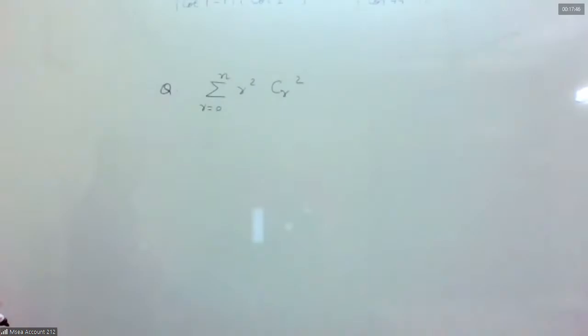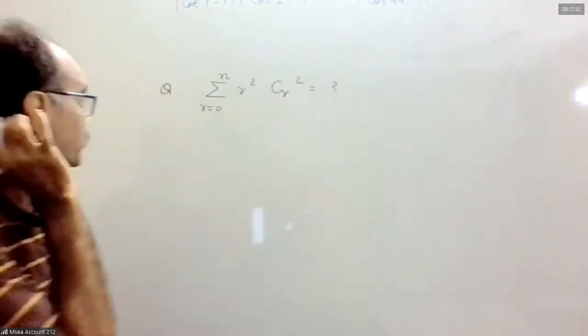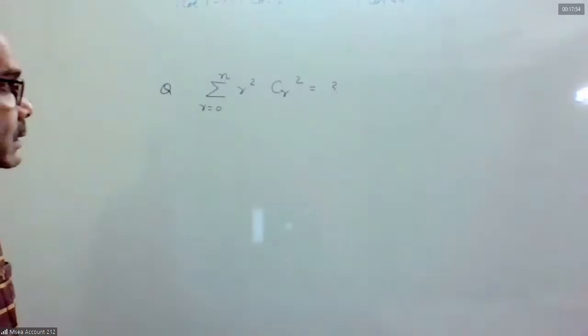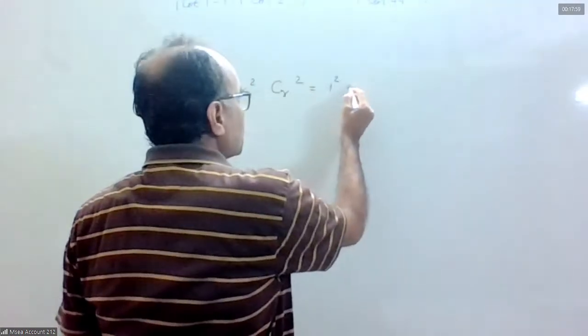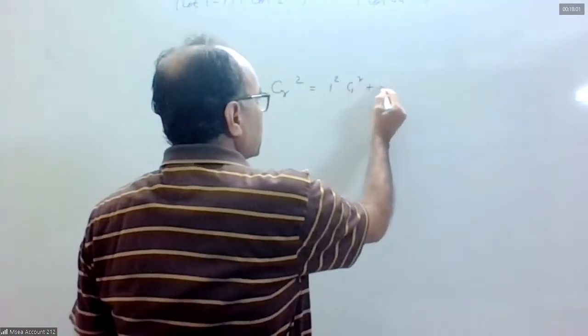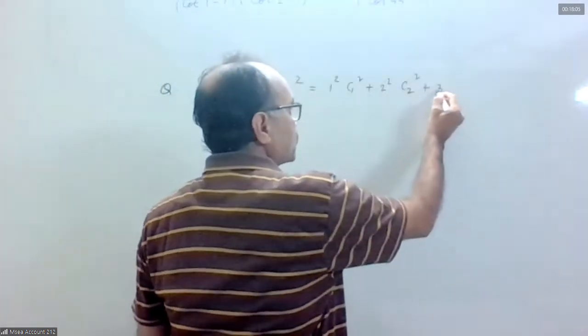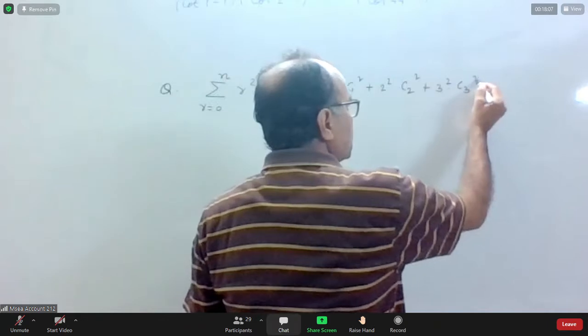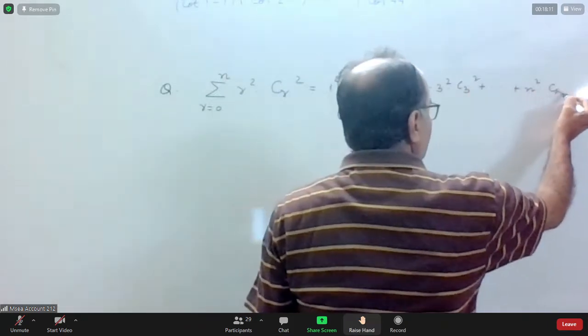What is the value of this? For r equal to 0 it is 0, for r equal to 1, let us expand it: 1 square C1 square plus 2 square C2 square plus 3 square C3 square, up to n square Cn square.